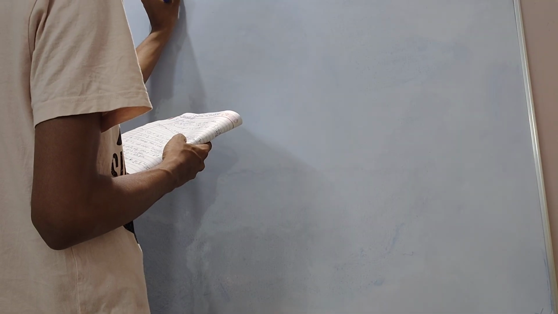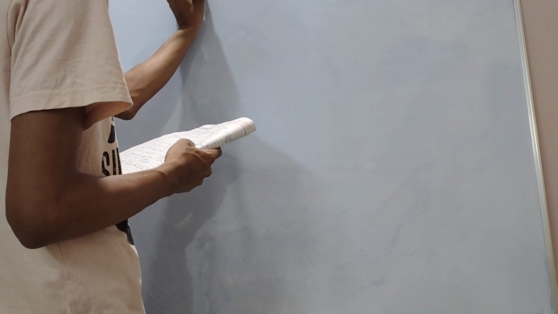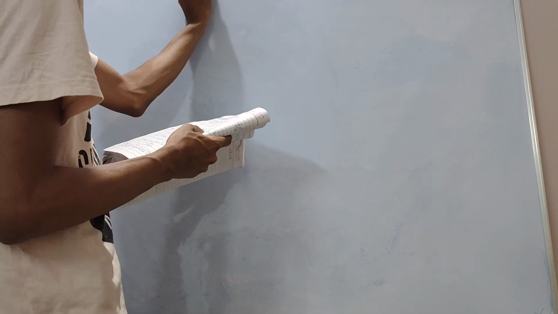Right. So now we will begin with first question. P and Q implies P or Q, and I have to prove these two statements.